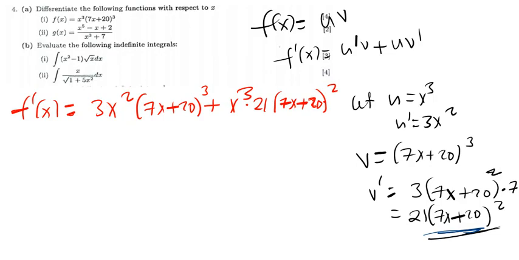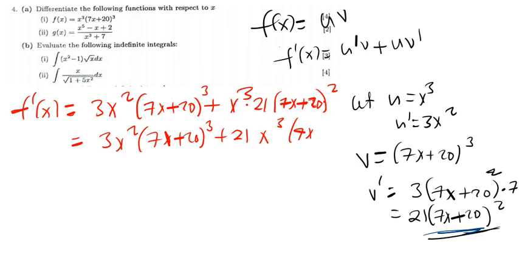Stop assuming that these questions are hard. You can end here. No one is going to penalize you. So this 21 just should be here, then x to the power 3, then 7x plus 20 raised to the power 2.